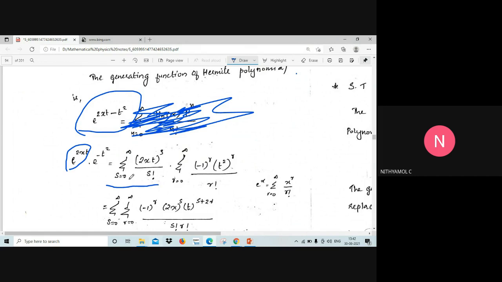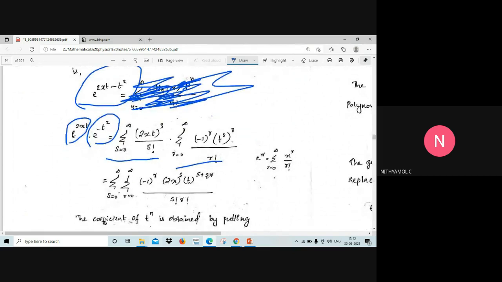That is summation over s equal to 0 to infinity, (2xt) raised to s by s factorial. And e raised to minus t square can be written like this: summation over r equal to 0 to infinity, (minus 1) raised to r, t square raised to r by r factorial. And we are combining these two.